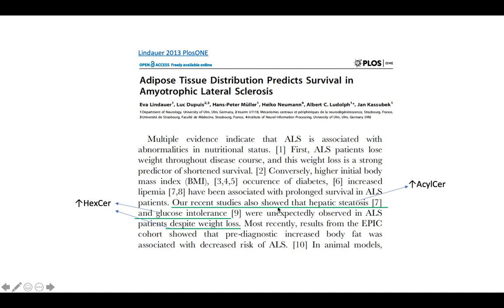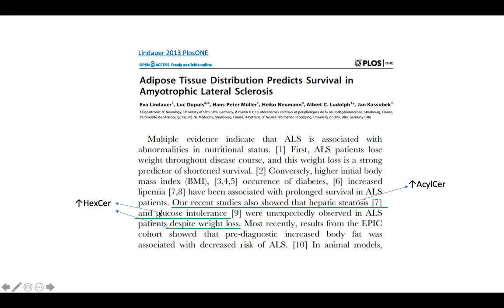And I also highlighted here that despite weight loss, ALS patients show hepatic steatosis, and this seems to be correlated with our data showing an increase in acylceramides that might be a marker for increased steatosis, lipolysis in adipose tissue.